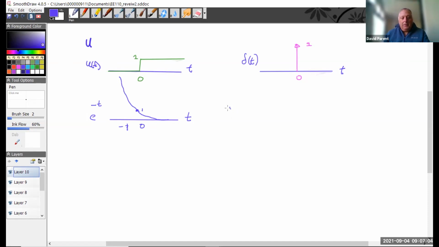So what we're going to do, we have u(t), and that's the convolution symbol, delta(t) minus e to the minus t u(t).